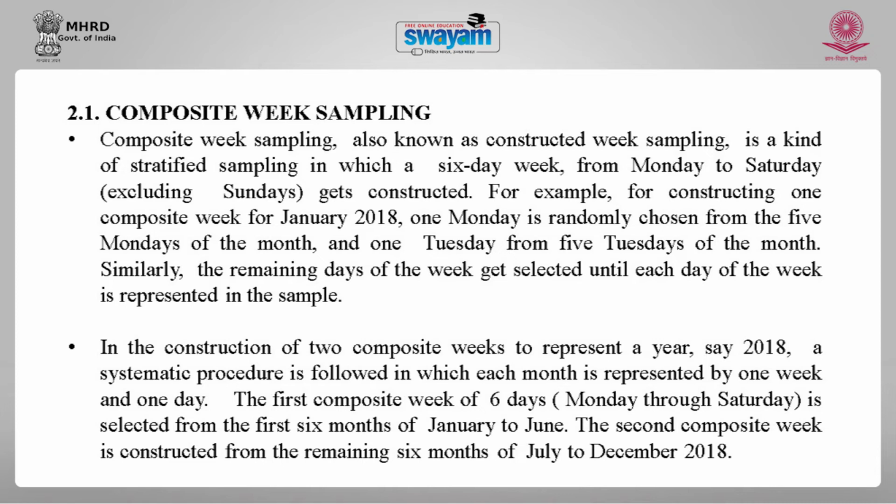In the construction of 2 composite weeks to represent a year, say 2018, a systematic procedure is followed in which each month is represented by 1 week and 1 day. The first composite week of 6 days is selected from the first 6 months of January to June. The second composite week is constructed from the remaining 6 months of July to December 2018.